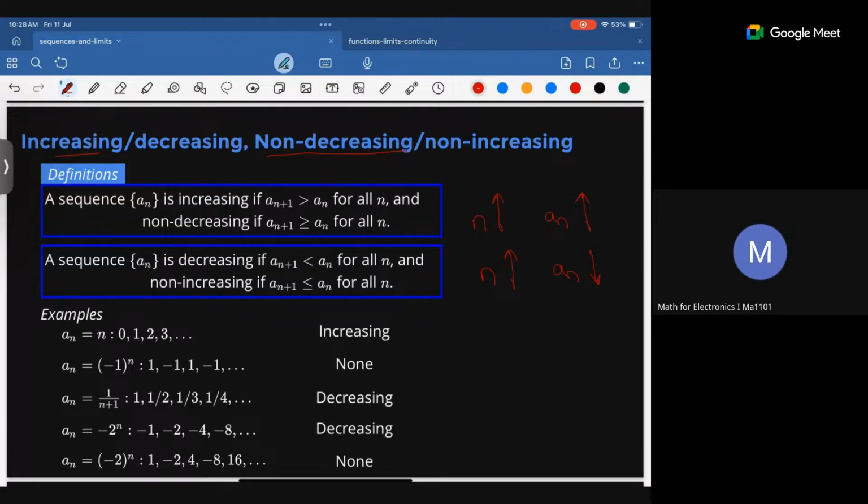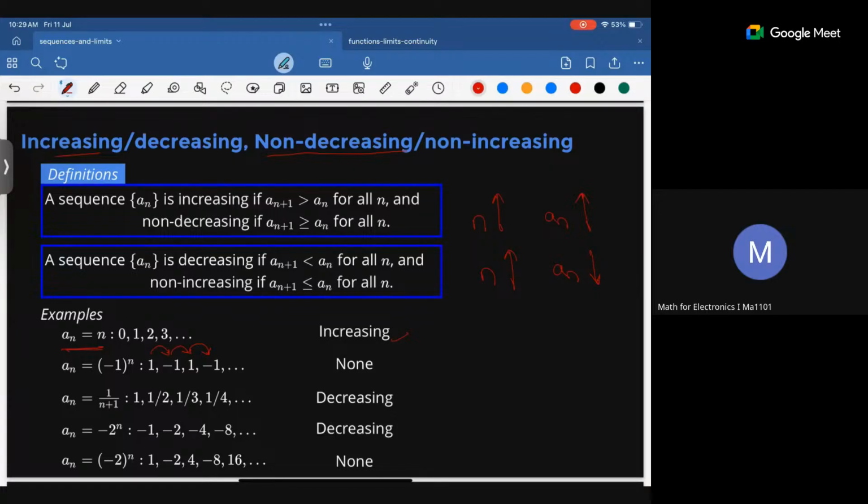Okay. So here again there are examples. an is equal to n is a very toy example. Again, it's just 0, 1, 2, 3, 4, and so on. You can see here clearly that as n increases, my term value is also increasing. an is also increasing. So it's an increasing sequence. an oscillating between two numbers, 1 and -1. You can see that as n increases, here it is decreasing and then increasing, decreasing.